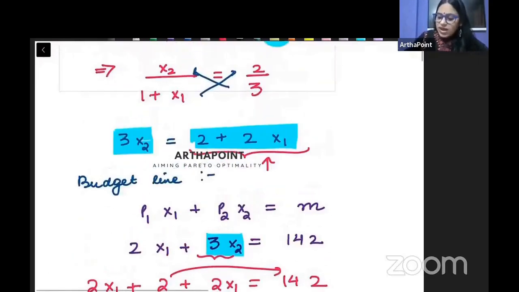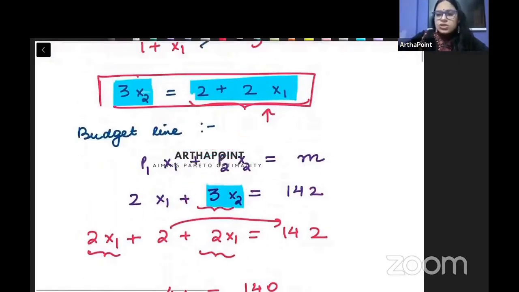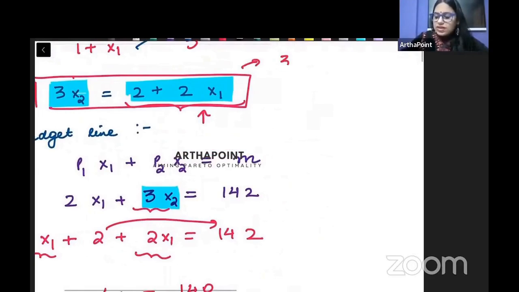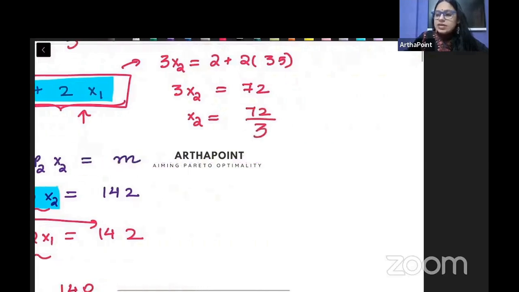बेटा x2 का वैल्यू यहां से निकल सकता है इस इक्वेशन से. I have found out that x1 is 35. Just put this 35. So you will get 3x2 is equal to 2 plus 2 into 35. तो बेटा 3x2 is equal to 72. तो बेटा x2 will be 72 divided by 3.